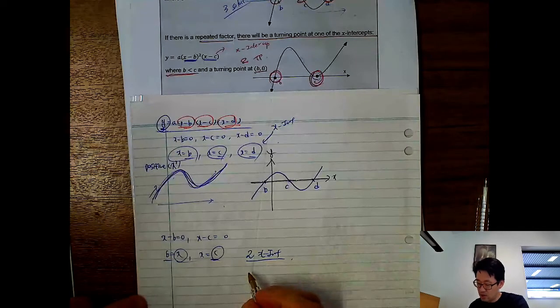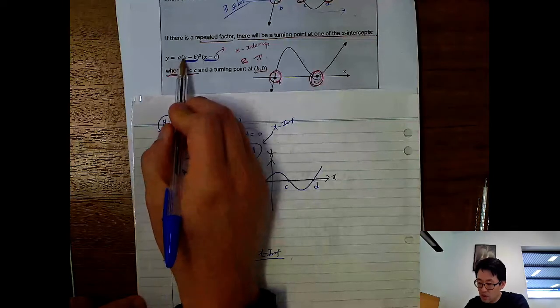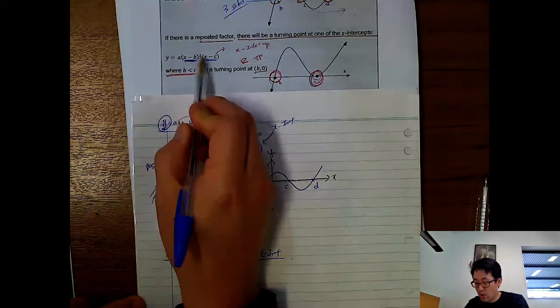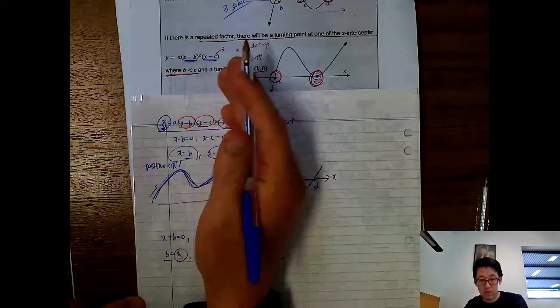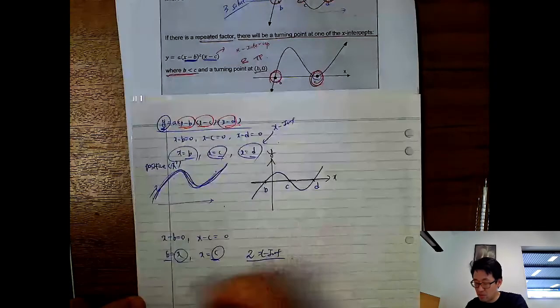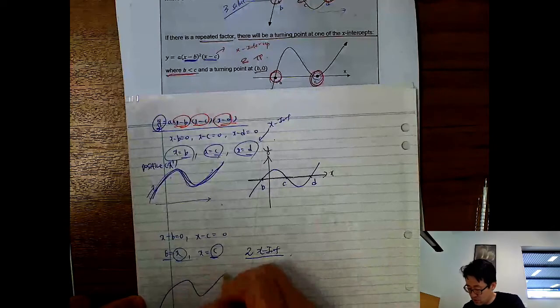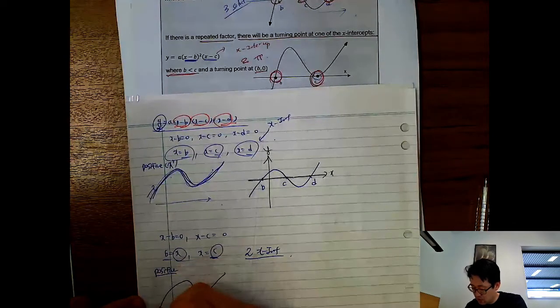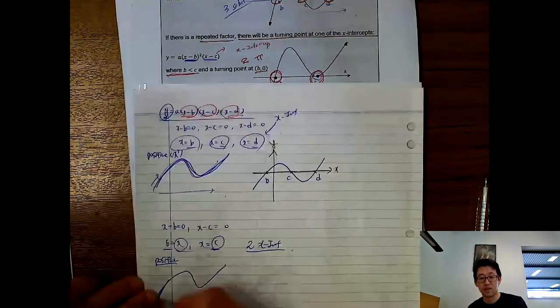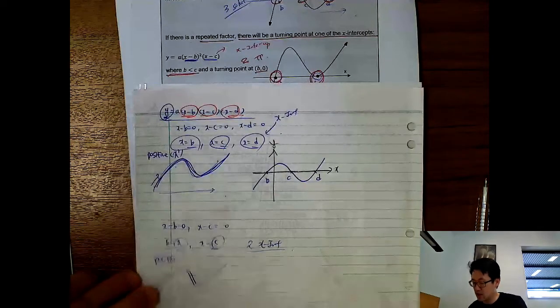Okay, let's go and figure out x squared. As long as a is positive, which we assume, this is going to be a positive graph. So going up, positive. We figured out up is positive, isn't it? A positive graph looks like that.